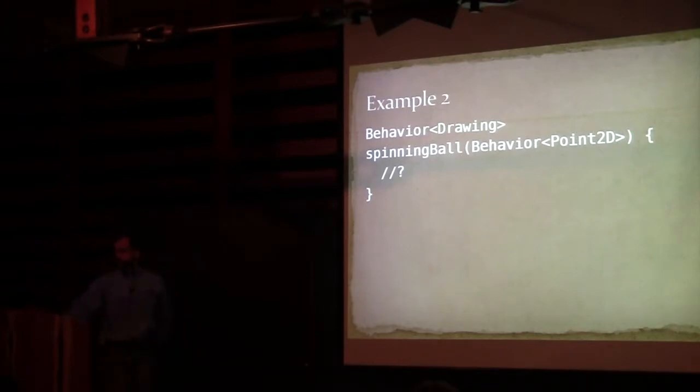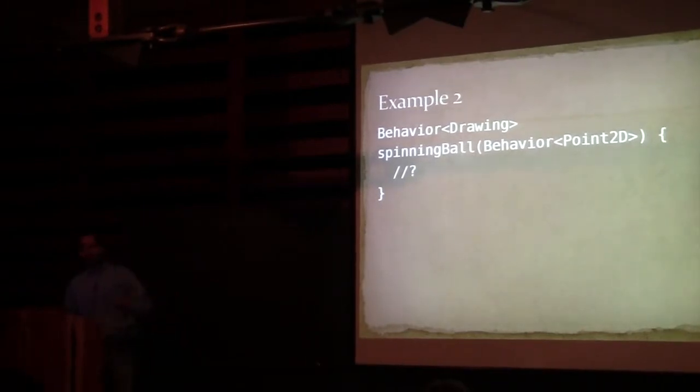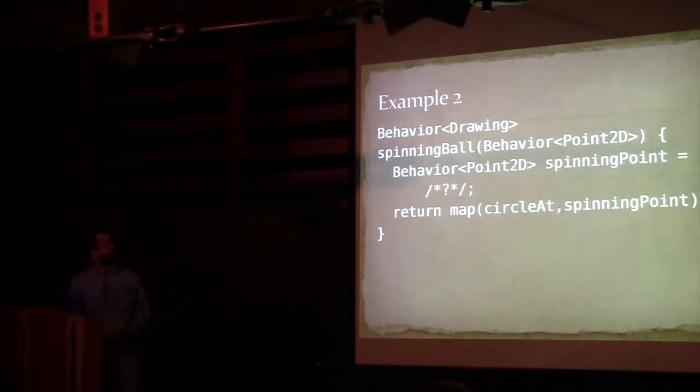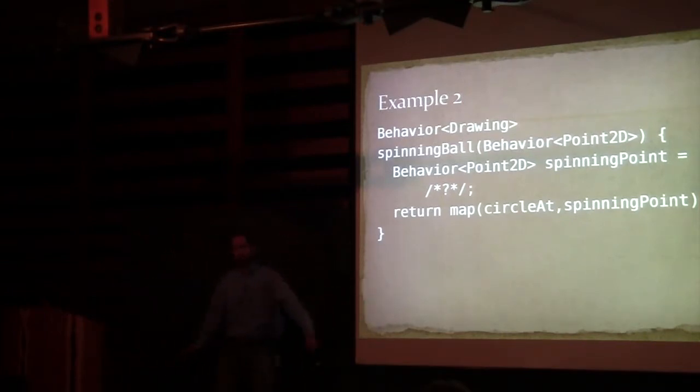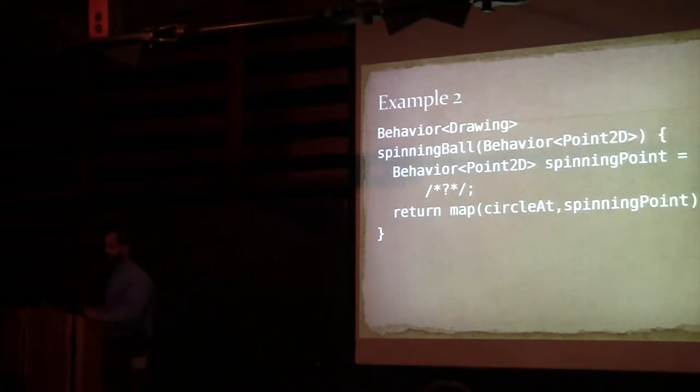And let's separate out the idea of the map, because we're going to eventually map the point at to something. So we have the spinning point behavior, and we're just going to use map to make sure that a circle is at the spinning point. But now we need to define the spinning point. So how do we do this? Any ideas?